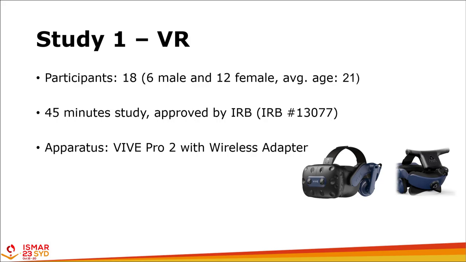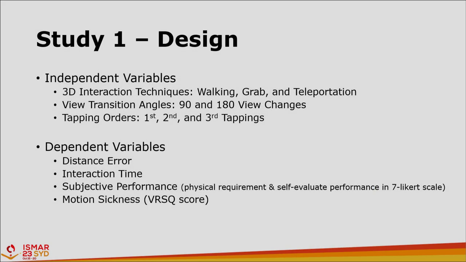We first conducted a VR study. A total of 18 participants were recruited. It took about 45 minutes. The study was conducted with VIVE Pro 2 with its wireless setting. 3 independent variables are 3D interaction techniques, view transition angles, and tapping orders.